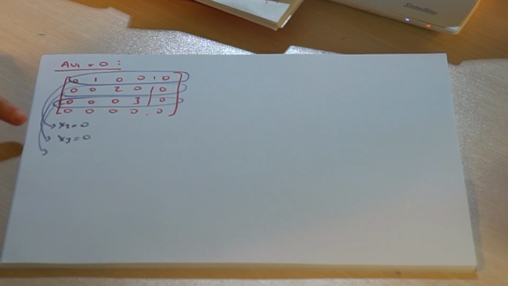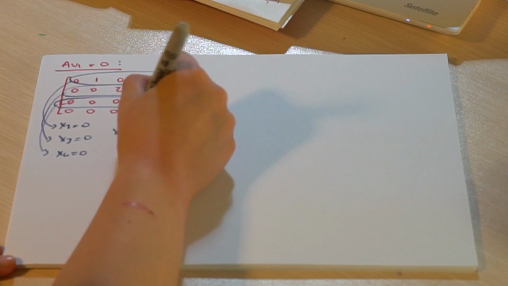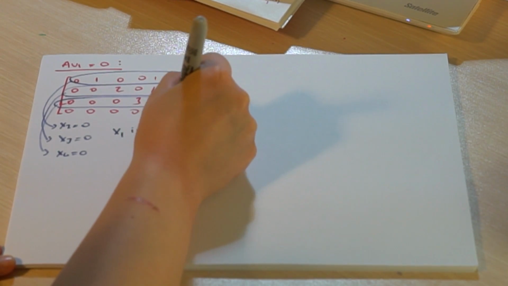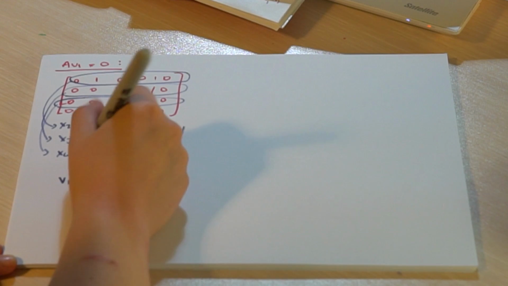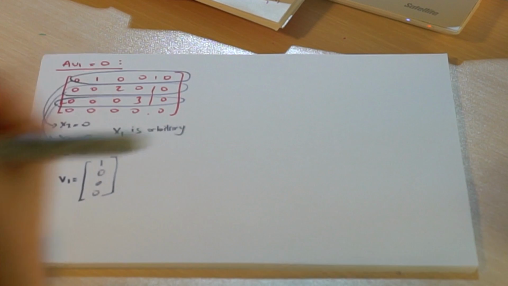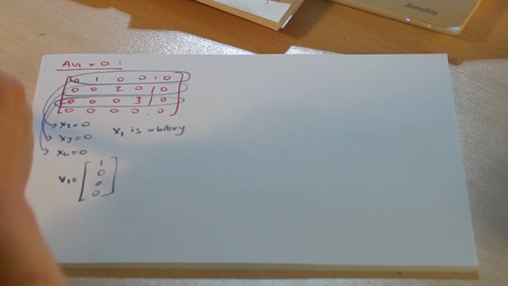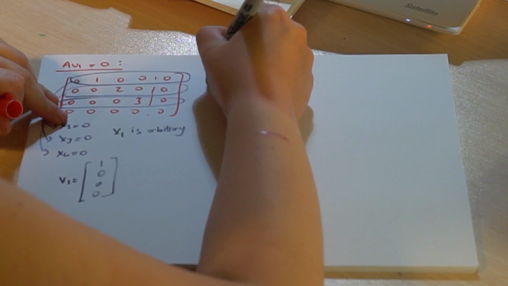And again from this row, x4 is equal to 0. But there is no condition for x1; x1 is arbitrary. So V1 will be equal to 1, 0, 0, 0. I choose 1 as x1. You can take other things, like 2, 0, 0, 0, even 262, 0, 0, 0.